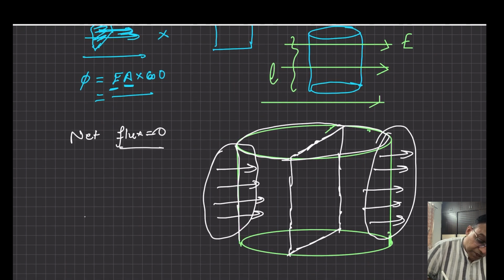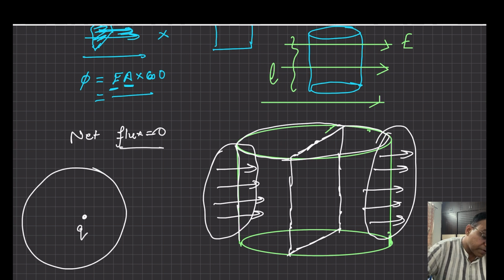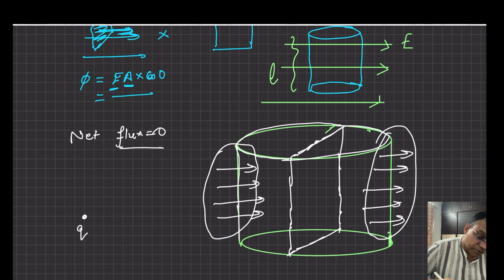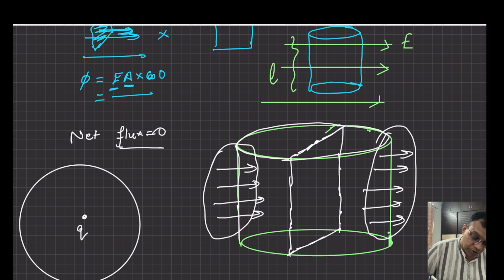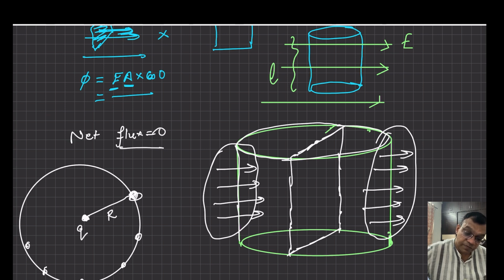Say one more example. If a point charge is placed at the center of a sphere, say this is the center of the sphere, what is the flux linked with the sphere of radius R? Then if you see here, the electric field intensity at any point on the surface of the sphere will have the same magnitude.